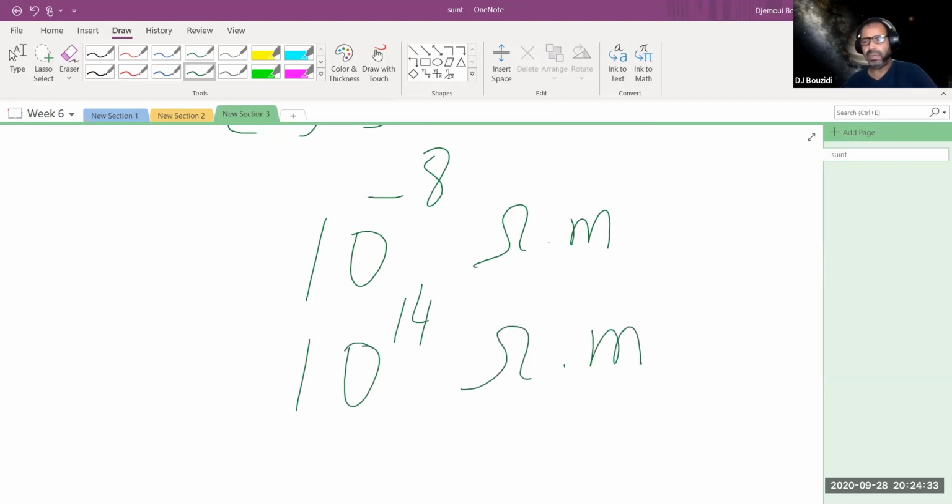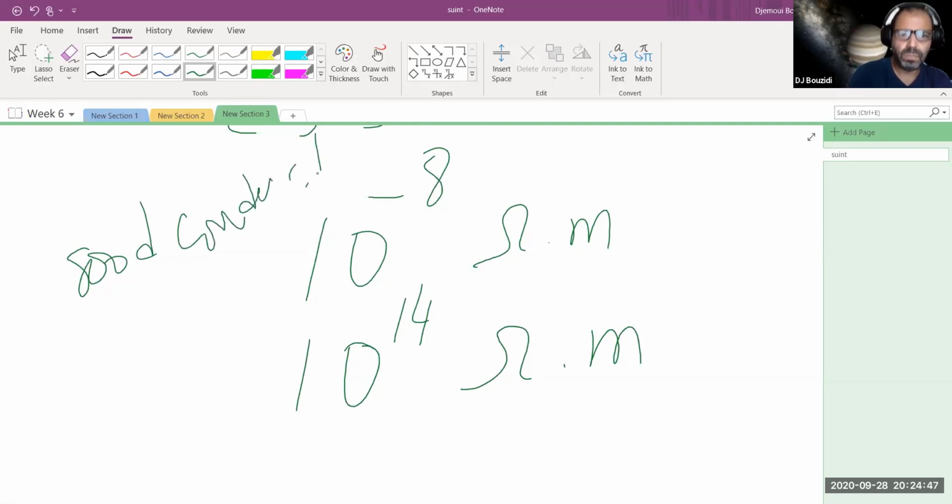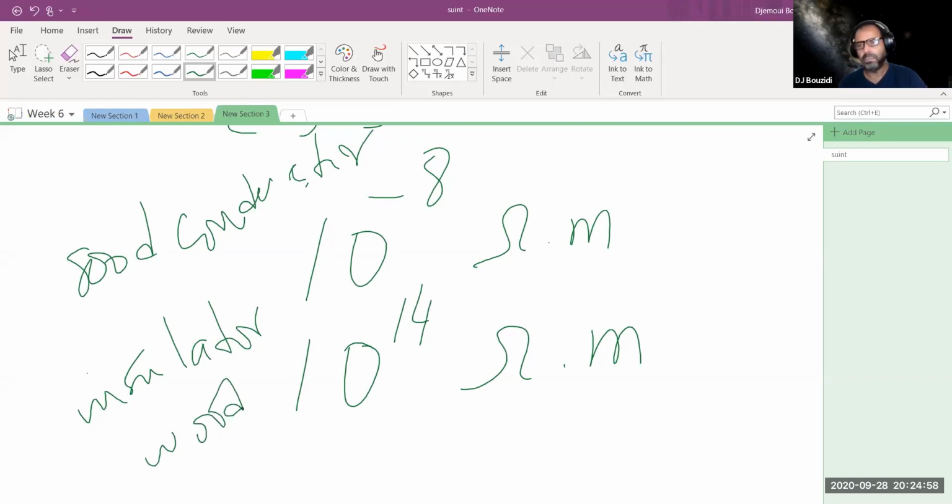See the scale of this resistivity? It's 10 to the power 22 order of magnitude difference between a good conductor, like copper, for example, and an insulator, like wood, for example. So that's the difference between them.